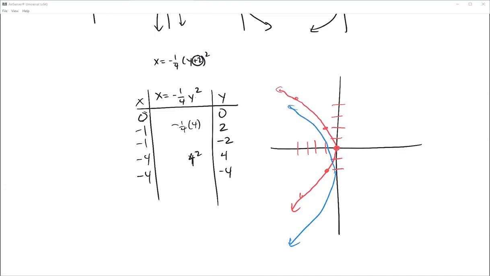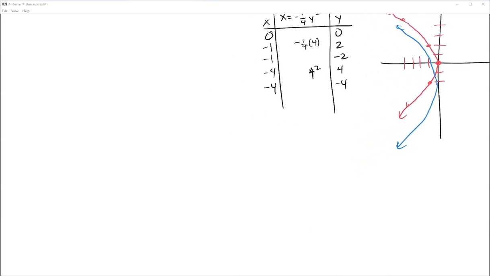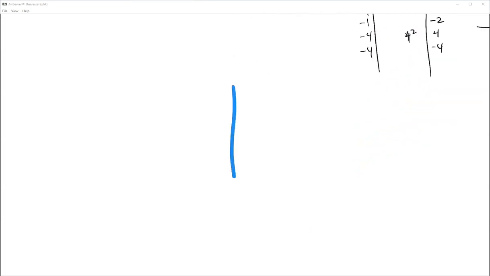All right, we also had a problem with number 13. Number 13: the vertex is (-2, -3), and it's a parabola, and the x-intercept is -11. So let's graph this. We have -2 and -3 as the vertex right here.